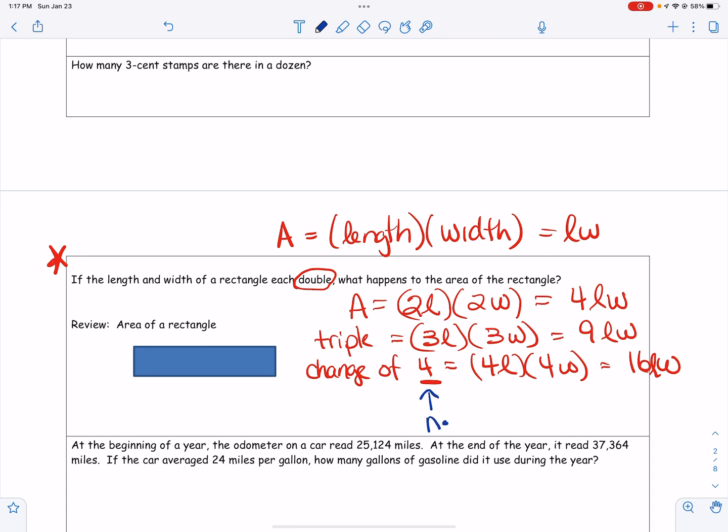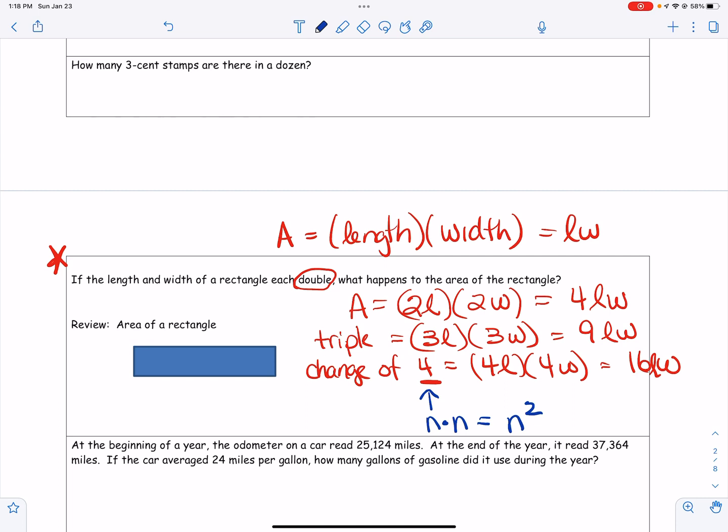So if we were changing our length or our width by 10, then our area would change by 100. If we were changing our sides by 7, our area would change by 49.